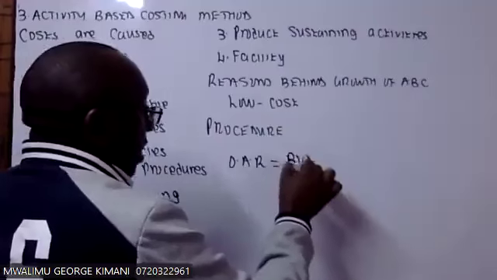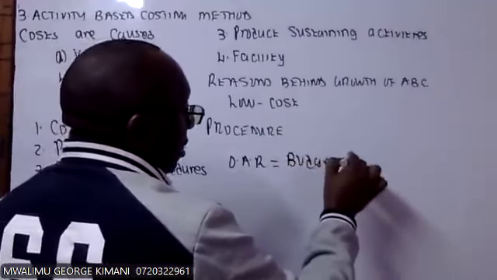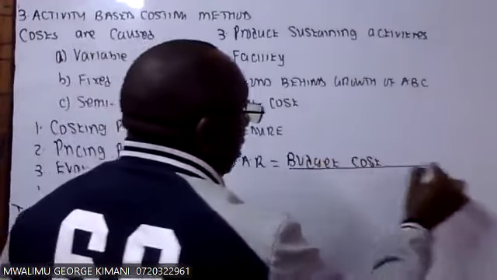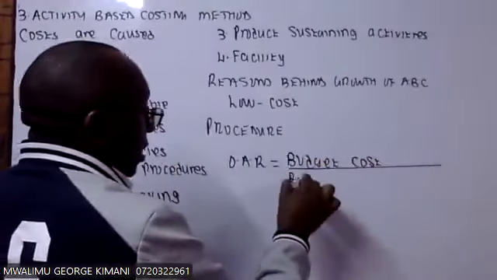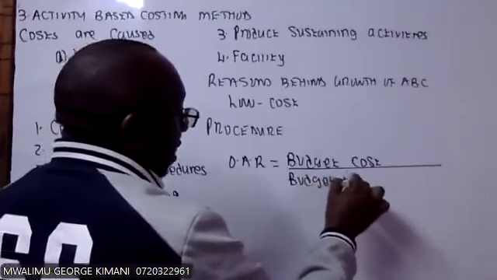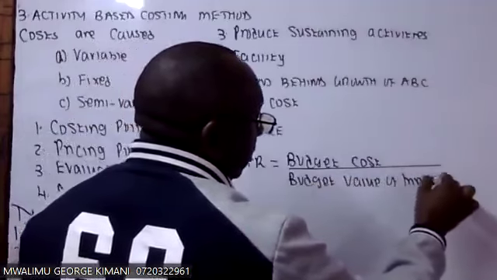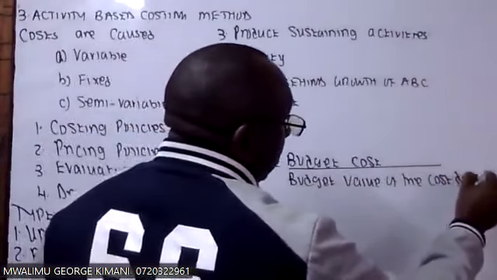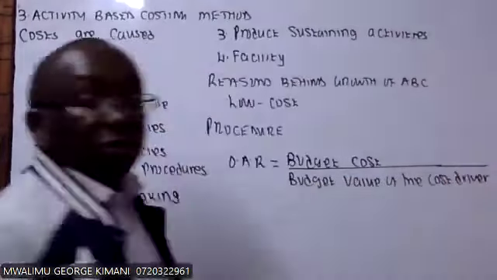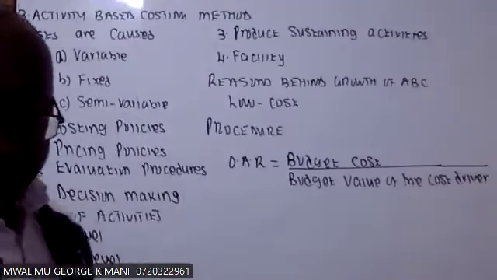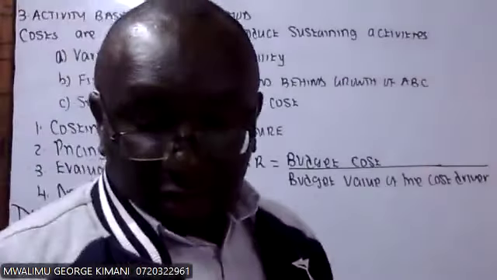OAR is budget costs, you divide by budget value of the cost driver.